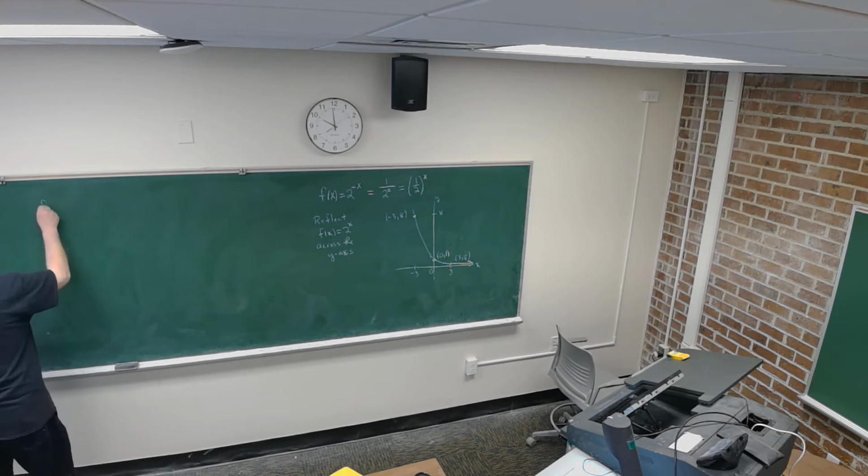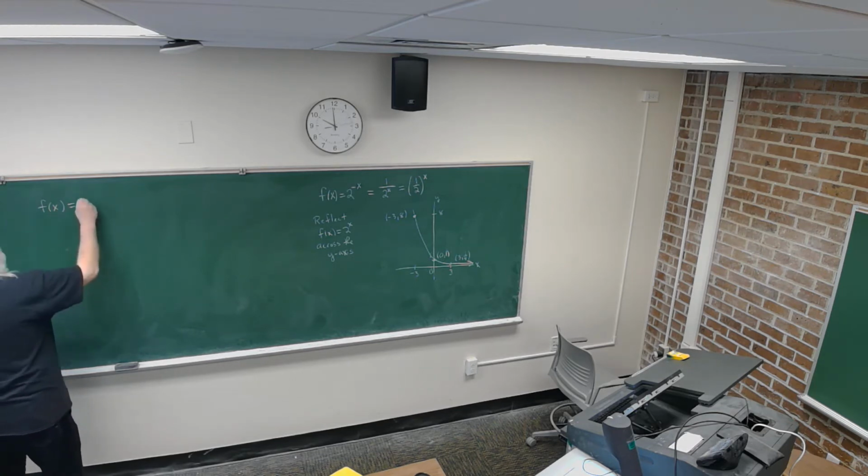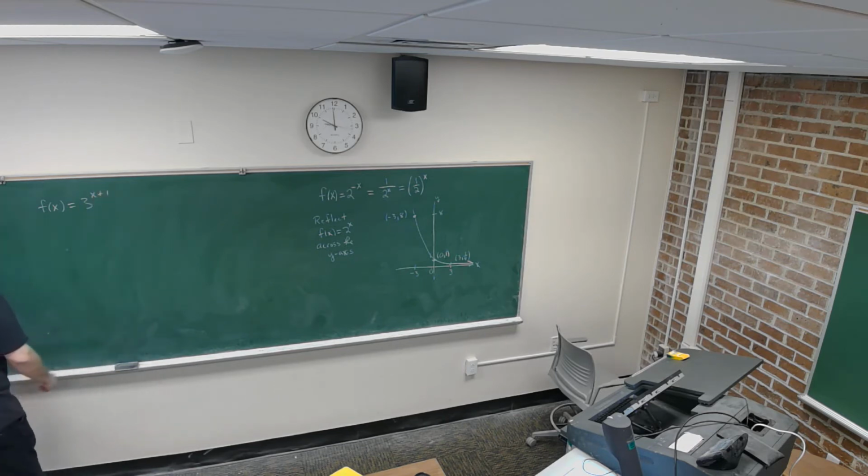So we have f of x is equal to 3 to the x plus 1 power. Now, if I have g of x equal to 3 to the x power, and I replace x with x plus 1, we know what the graph of g of x looks like.